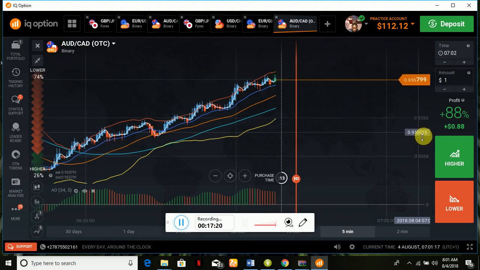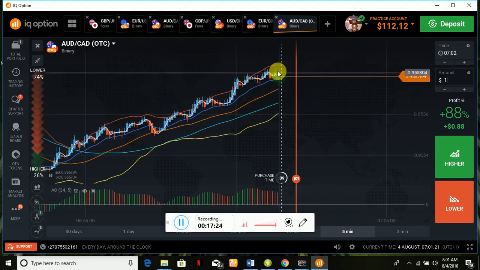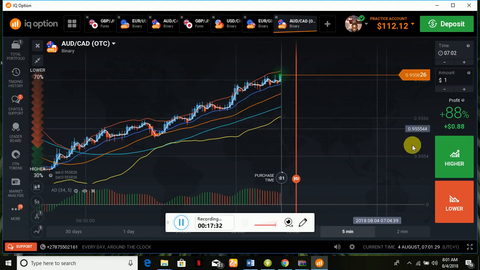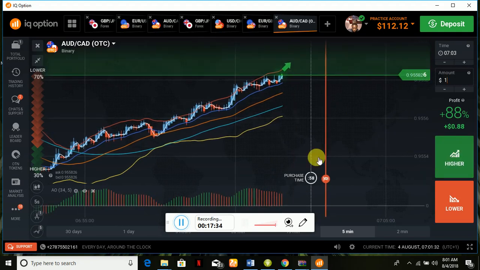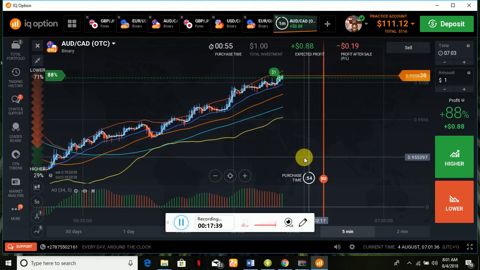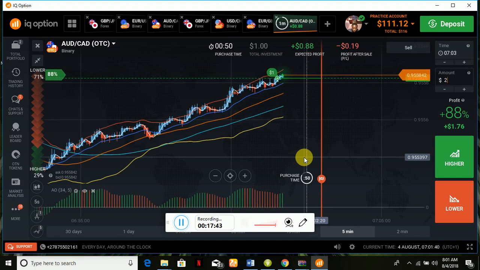You'll wait again. Okay, it slightly didn't go above. Almost went above. If this one goes above, then we're gonna buy. Yeah, we buy this one again, and we wait. Hopefully we'll lose this one, and then we can compound to 2.